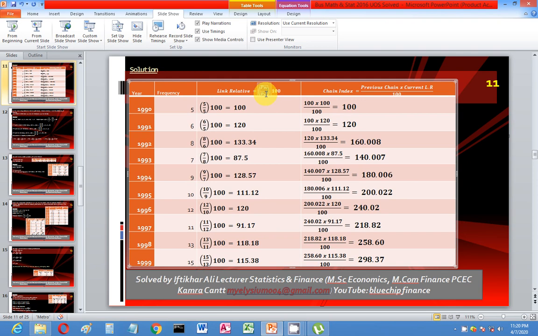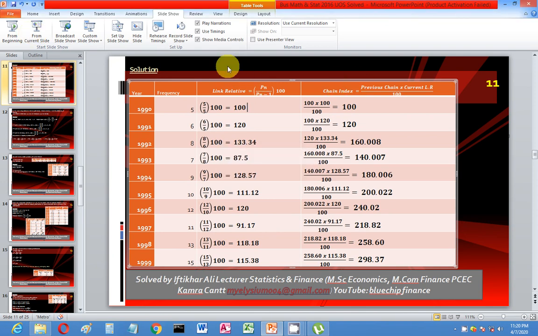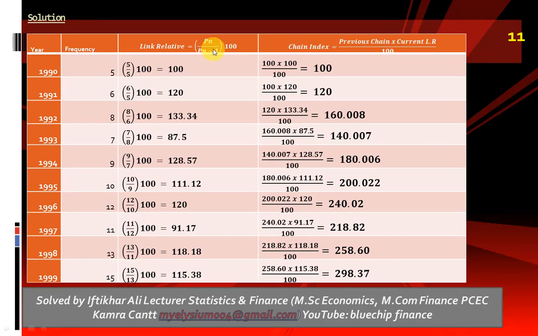Pn stands for current price and Pn minus 1 stands for previous time period price.